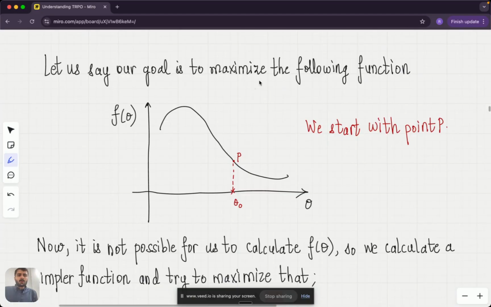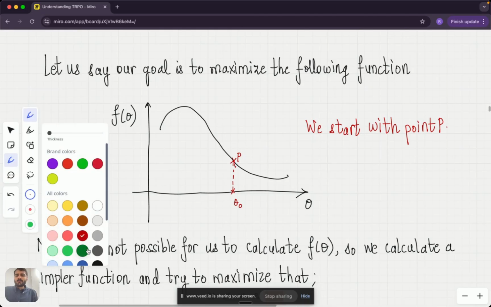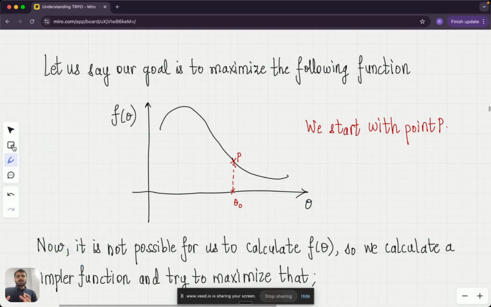Let's say that our goal is to maximize this function, which is f of theta, and we start with this point P, which lies over here. Now, from just a visual inspection, we know that this is not the optimal parameter for theta. The optimal parameter for theta lies somewhere here. So we need to ascend this curve. We need to move towards the top of this mountain, towards the peak of this mountain.